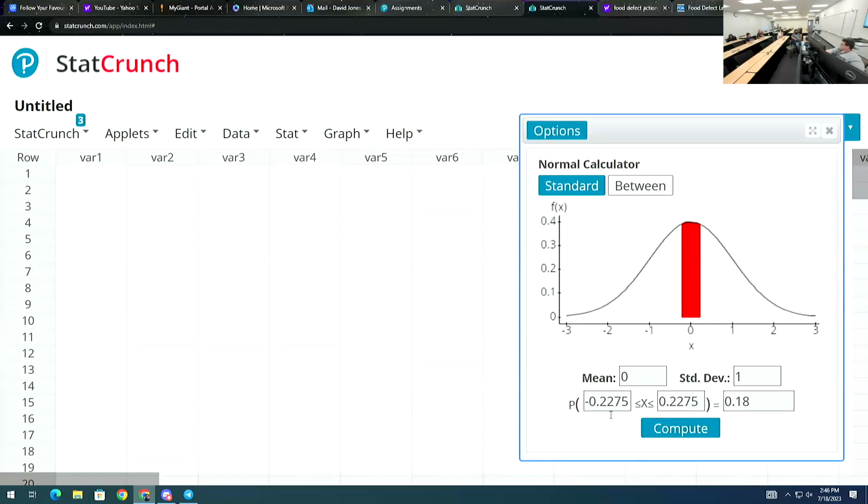Notice that the values are the same. There's just one is negative and one is positive. This is negative 0.23 to positive 0.23. And if I do this graph right here, let me do the sketch here.